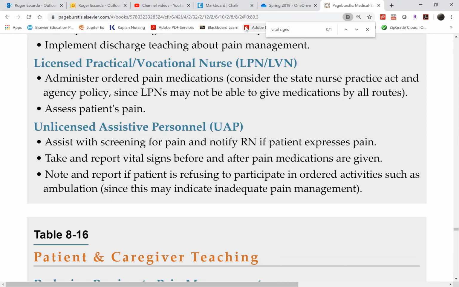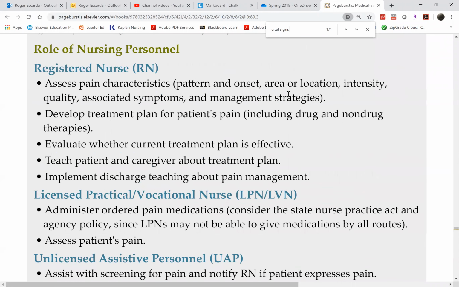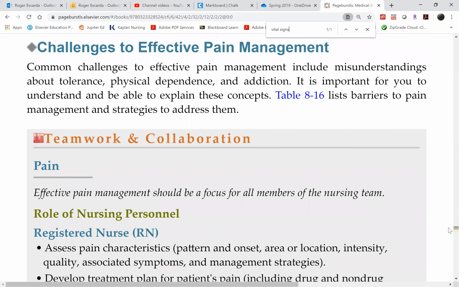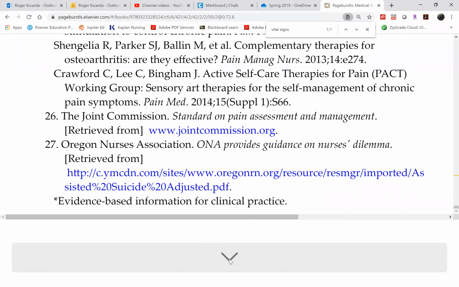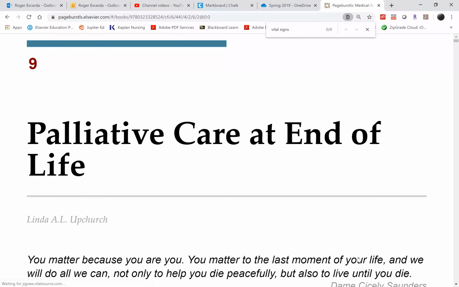Okay. So here, there's another thing you should remember, because sometimes we look for vital signs changes before we give pain medication, meaning we're looking for proof that the patient really is in pain.